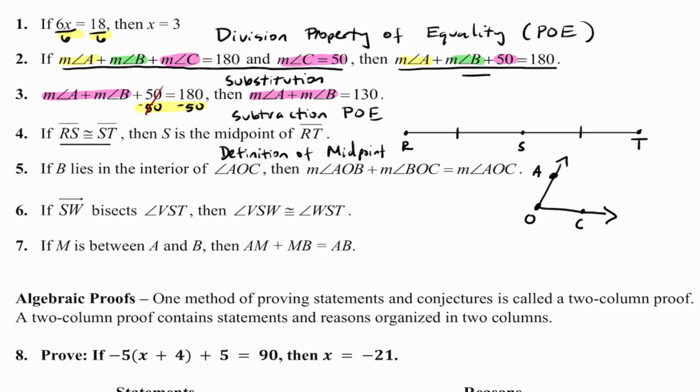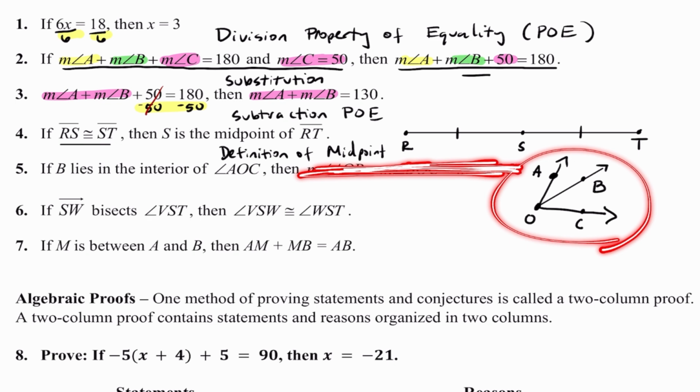And we know that B lies in the interior of angle AOC, so we're going to put B over here. Then I'm going to connect the two dots and form a ray. Since we have the hypothesis drawn out, do not look at the conclusion. Just look at the picture and tell me what you see.